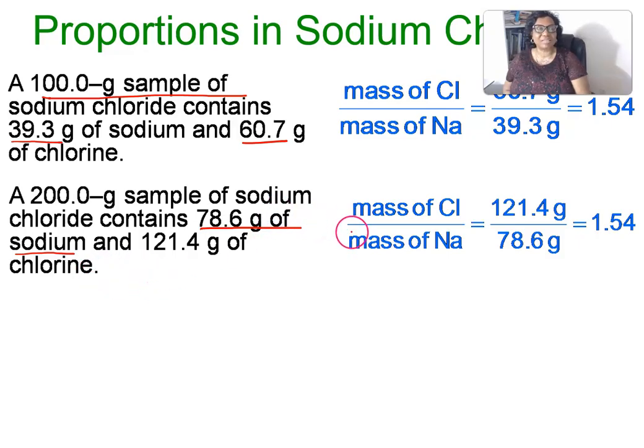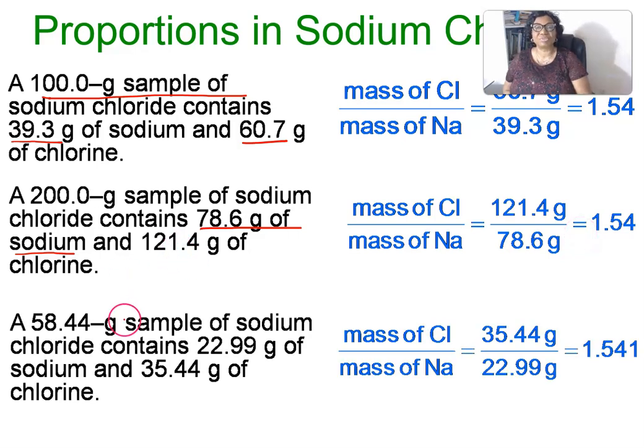Now let's get the ratio. The mass of chlorine over the mass of sodium gives us the same ratio as we had for 100 grams of sodium chloride, 1.54.